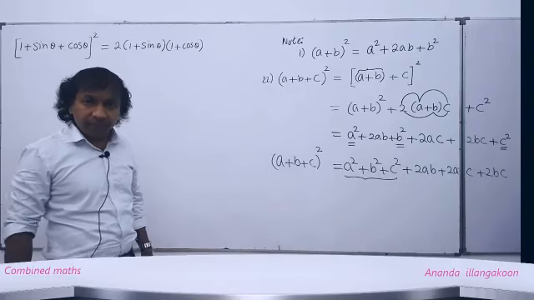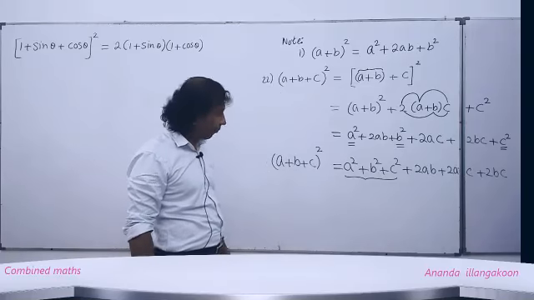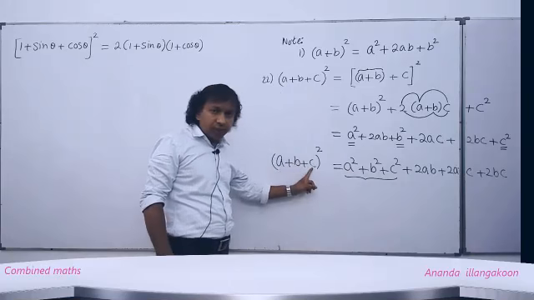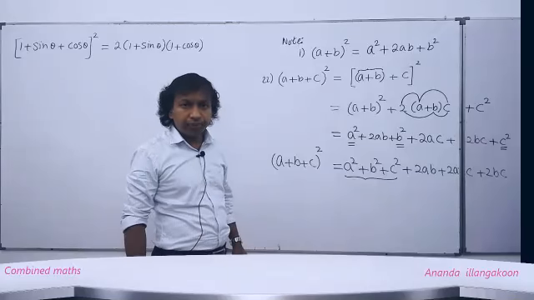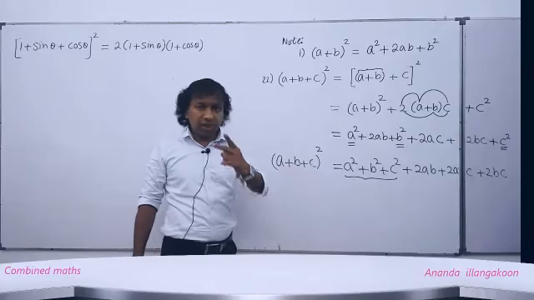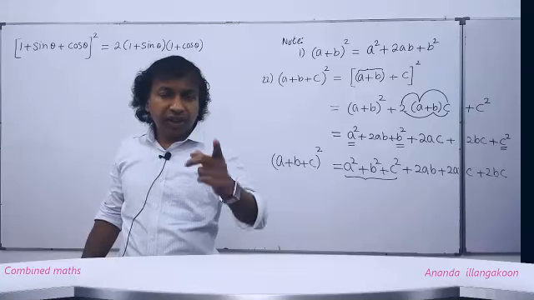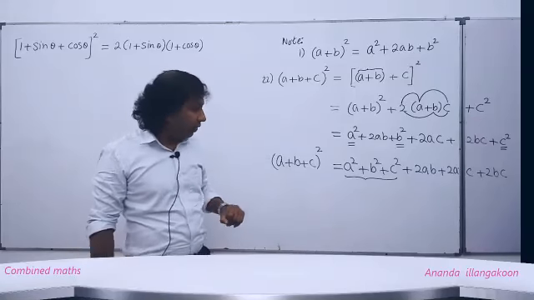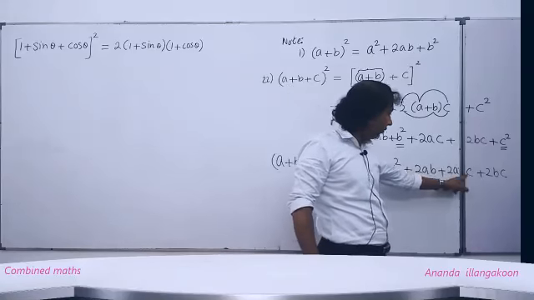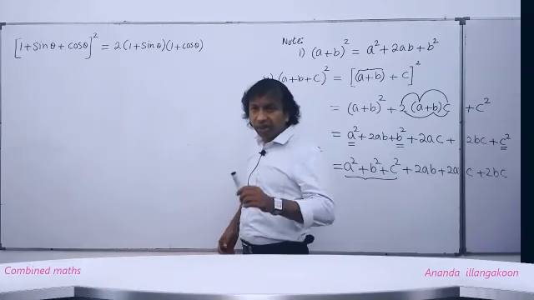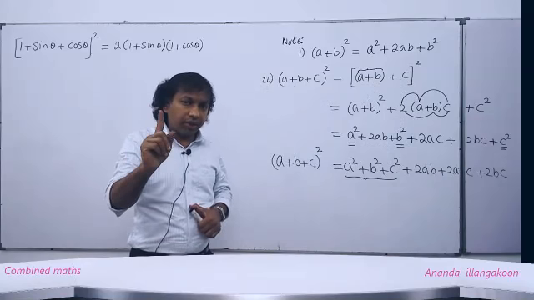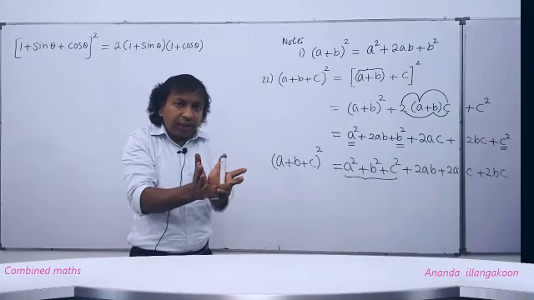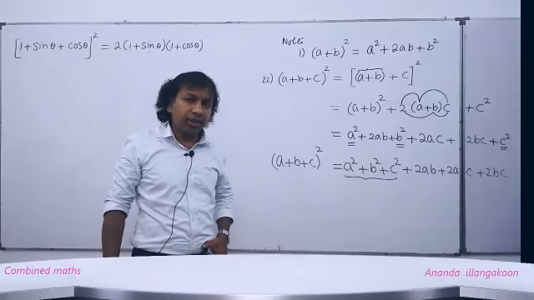After that, this is how we think. From these 3, we select 2 at a time. Out of these 3, A, B and C, we take 2 at a time, multiply them, and multiply that again by 2.